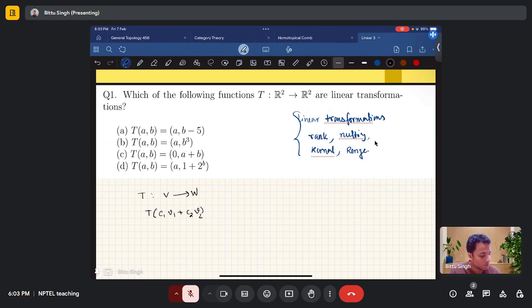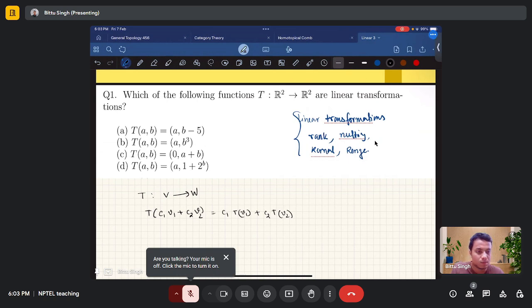If we apply the transformation T, it should give us C1 times T V1 plus C2 times T V2. So linear transformations preserve addition and scalar multiplication. And if we take the linear combination 0 times V, it follows that T of 0 must be 0.